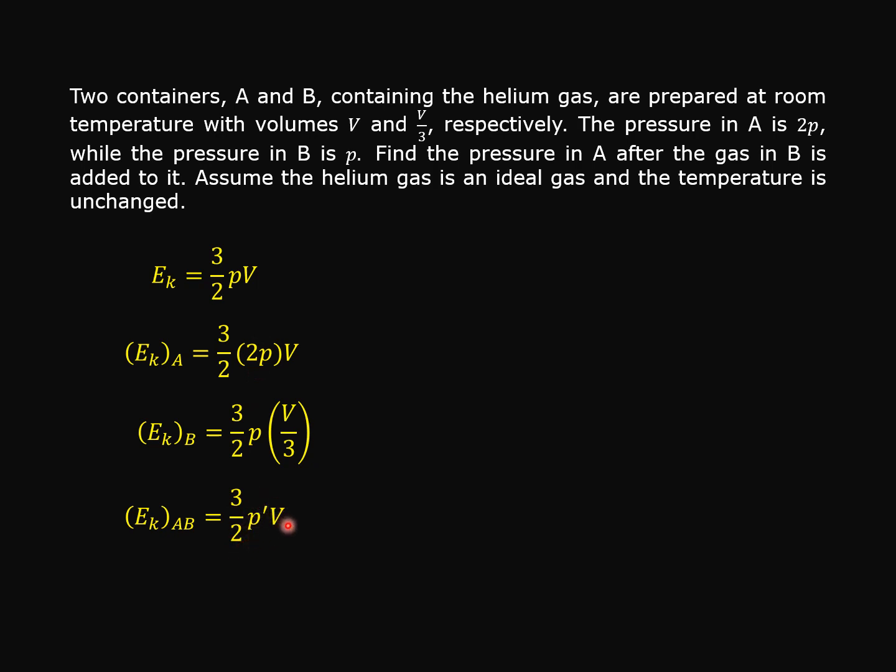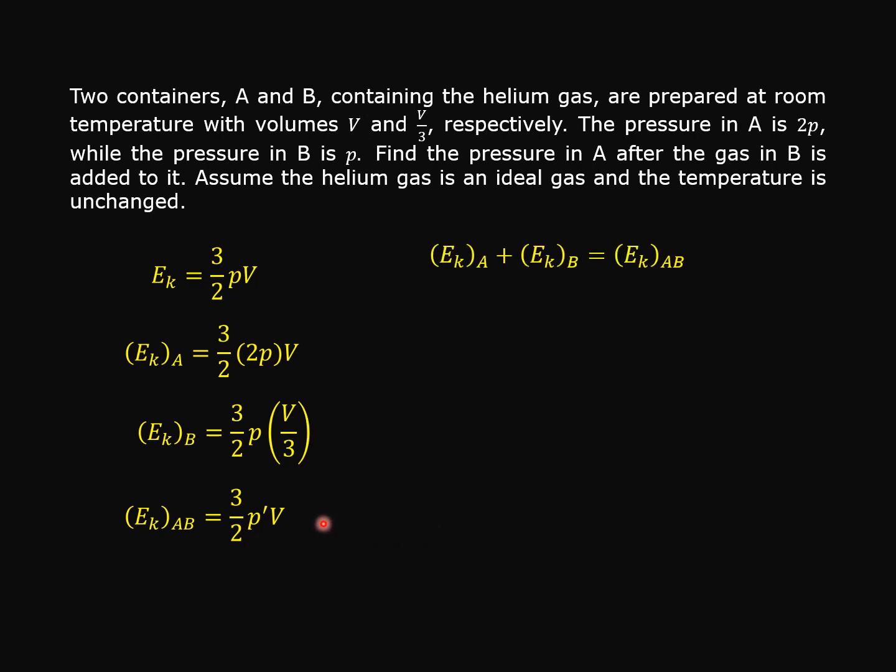But the volume of container A is the same, so this is V here, and here also we have V. At the left hand side, the EK, the subscript we put as AB, means that now A and B are already added together in the container A. So this is the symbol for the total translational kinetic energy in the container A after the gas in B is added to it. So it is equal to 3/2 P prime V. We want to find out what P prime is.